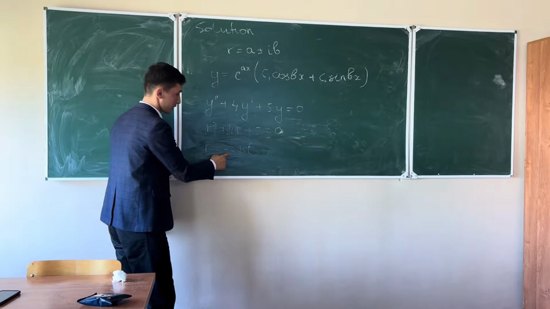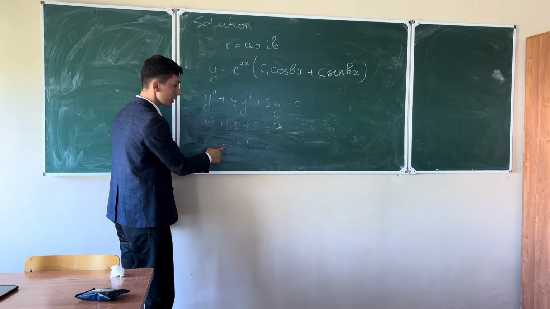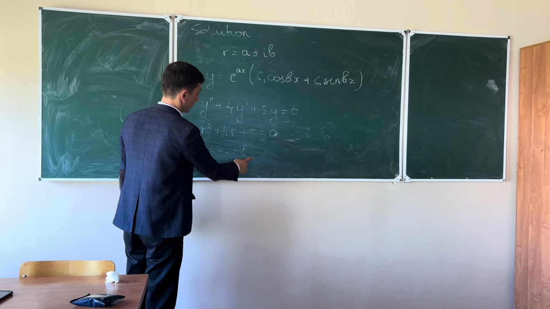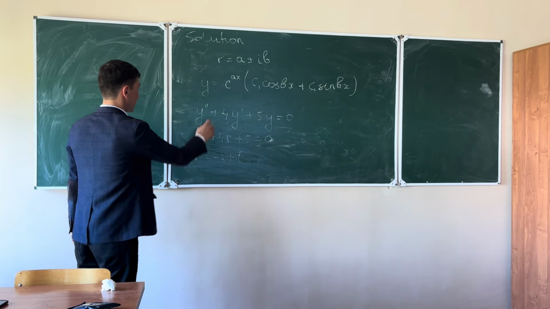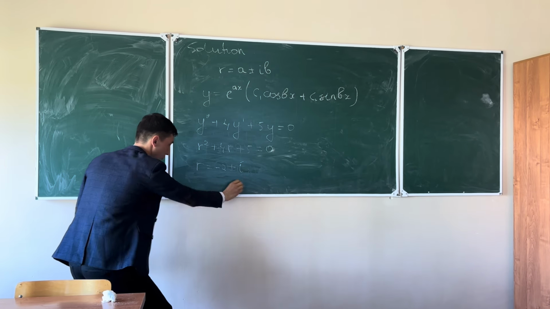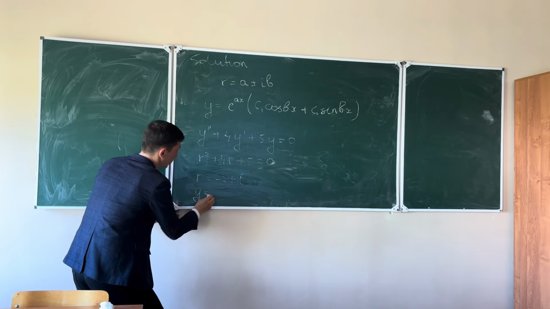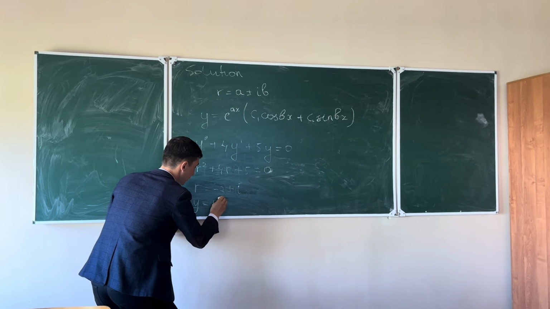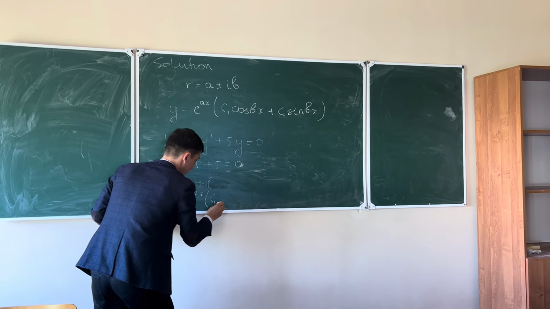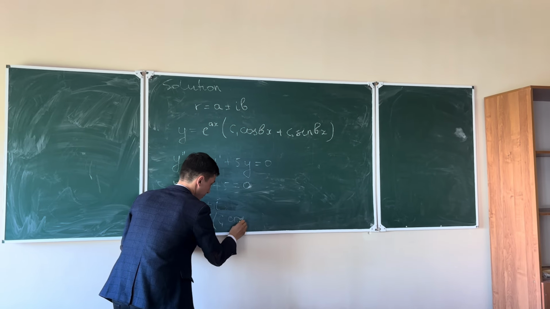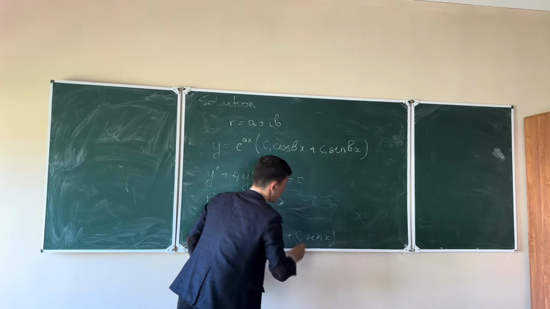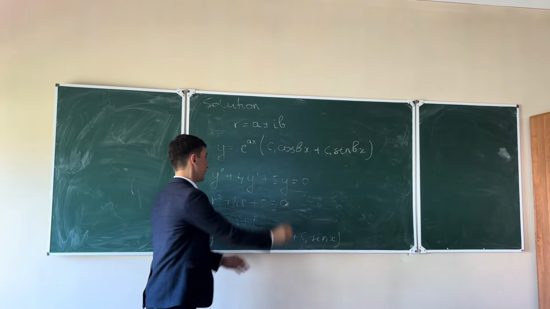And the real part here is minus 2, and the imaginary part of the complex number is 1. So using this, we can write the solution y is equal to e to the power of minus 2x times C1 cosine x plus C2 sine x. And this is the solution of this equation.